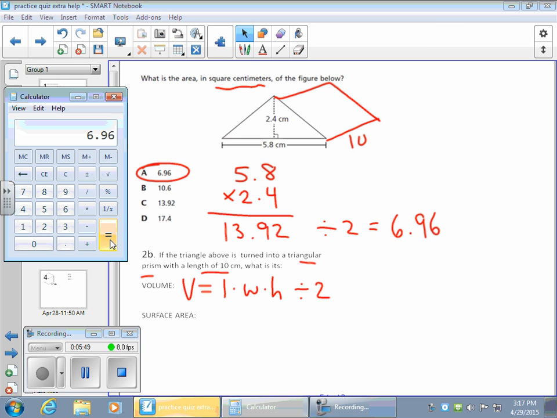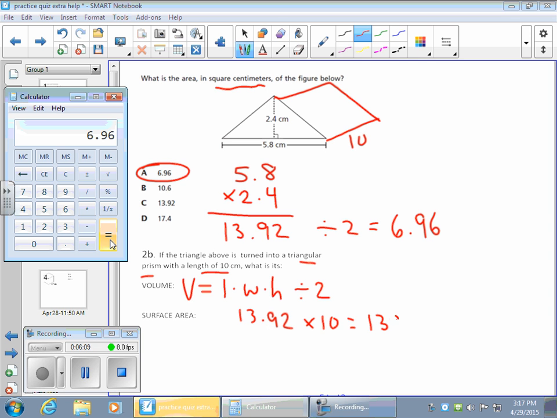So wait a minute, we already did length times width, 13.92. So all we have to do is 13.92 times 10, because now we know what the length is. 13.92 times 10 is 139.2, but it's a triangle, so divide that by 2.